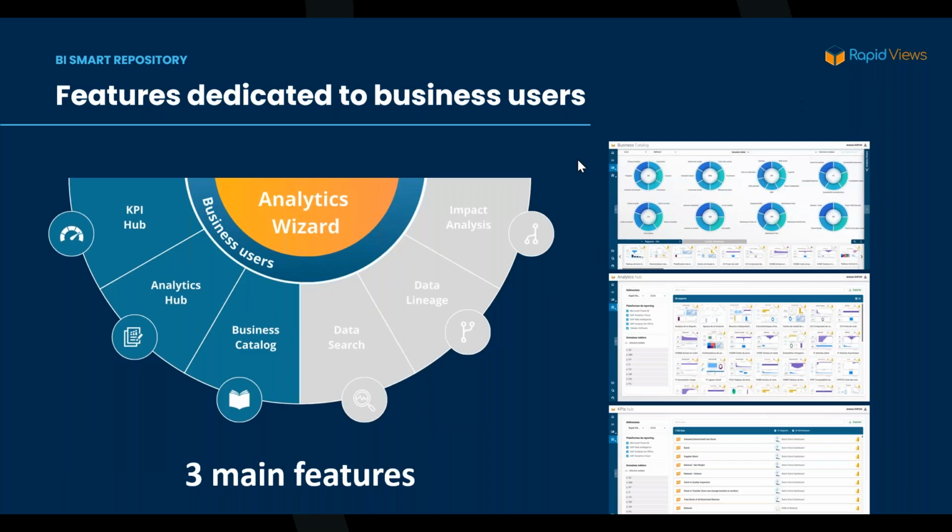You can administrate it totally. The Analytics Hub and KPI Hub are really interesting for people when they have several BI tools. A lot of companies actually don't have only Power BI or only SAC. Maybe for finance it's Power BI, but for the purchase domain it's Business Objects, and for the marketing part it's maybe another tool. So you can centralize everything in one place. Maybe Alexandre, you can show the three features.